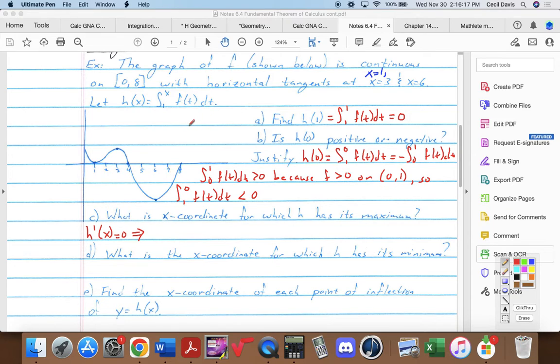If I asked you to take the derivative with respect to x of the integral from 1 to x of sine of t dt, what would that be? Apply that to this. It'd be f of x.